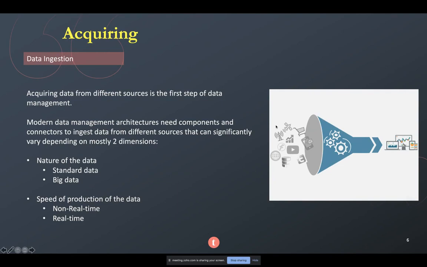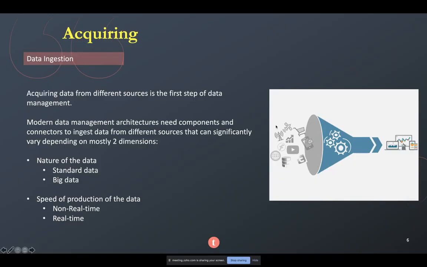It can be, as I was saying before, a file, a database table, and so on and so forth. The second dimension is the speed of production of the data, because there is a big difference between, for example, producing 10 records every day and producing 10 million records every hour.